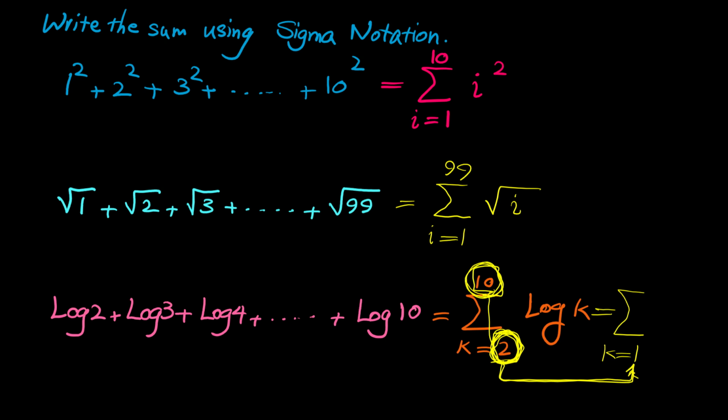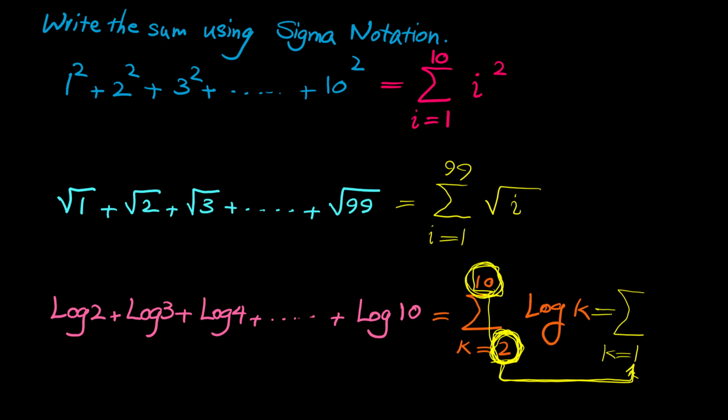Here the starting point is 2, so it goes up to 10 because you want to have 9 terms. So if k starts from 1, it should continue up to what value? 10? No, because if you continue k from 1 to 10, then you have 10 terms. What do you want to have? 9 terms.